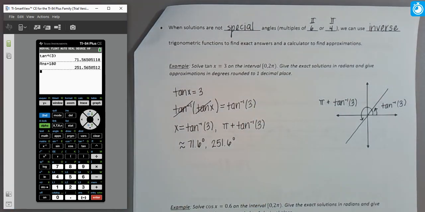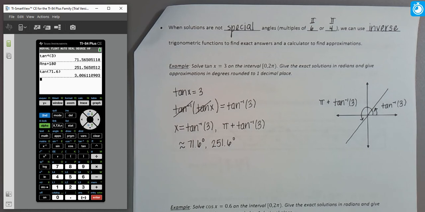Now keep in mind 71.6, 251.6, those are rough approximations of the values that solve my equation. But just like any other equation, if I take my solutions and plug them back into the original equation, I should be able to show that the equation is true. So what happens if I take the tangent of 71.6 degrees? Well, I get almost 3, a little bit bigger than 3.